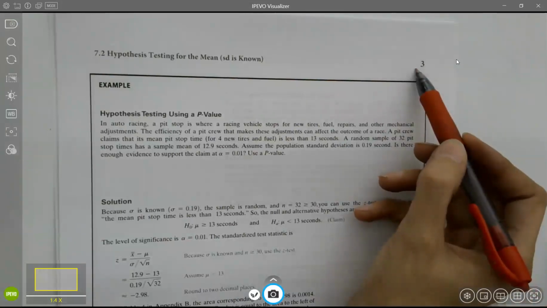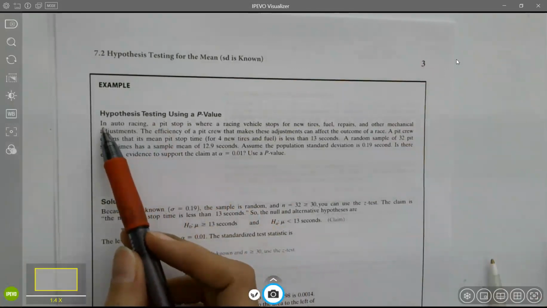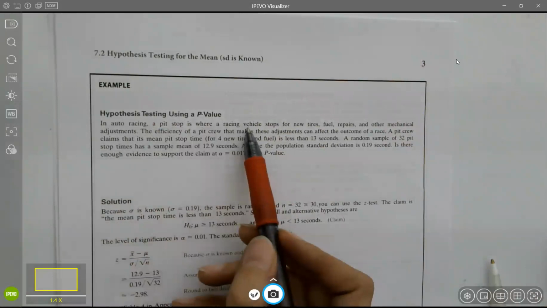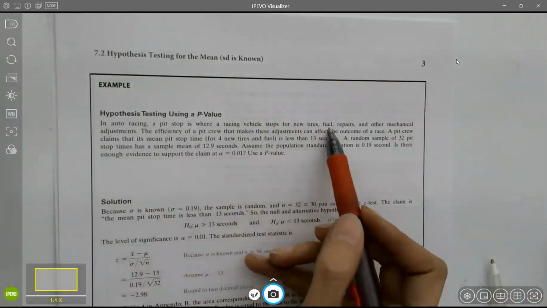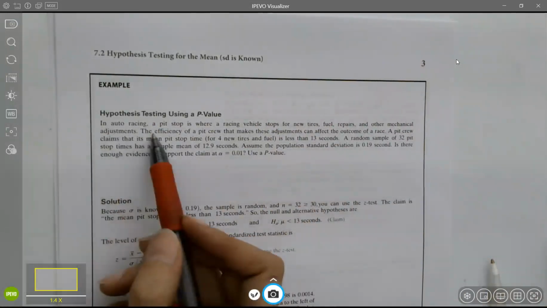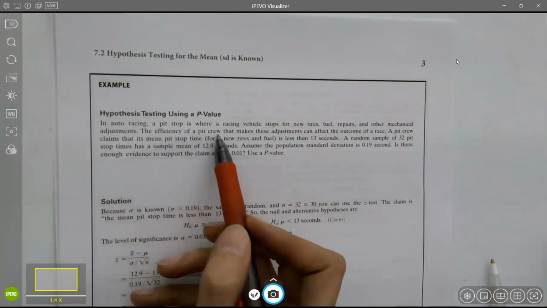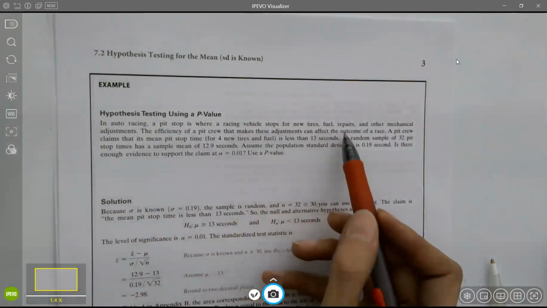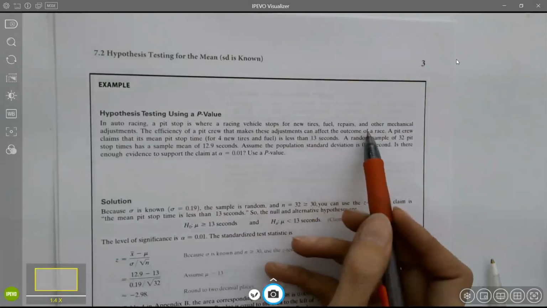Page 3. Example. In auto racing, a pit stop is where a racing vehicle stops for new tires, fuel, repairs, and other mechanical adjustments. The efficiency of a pit crew that makes these adjustments can affect the outcome of a race. So it's very important.